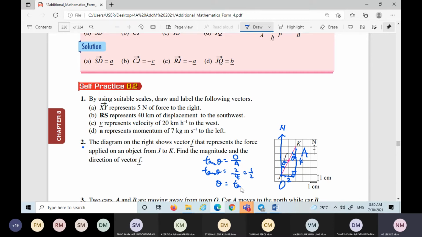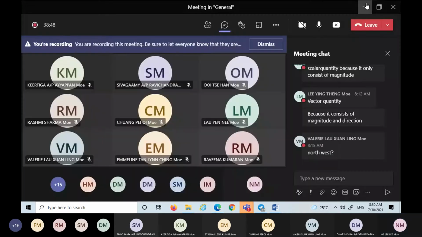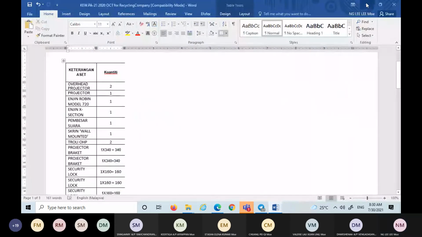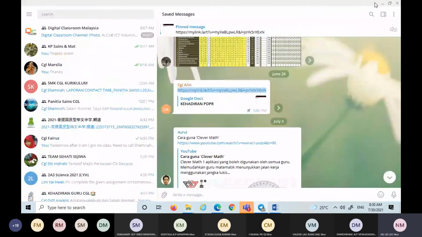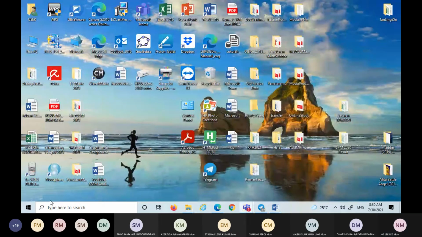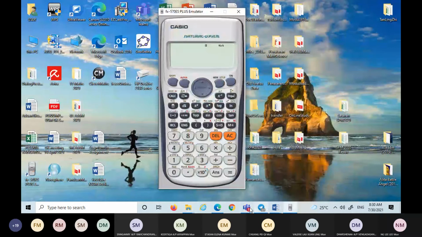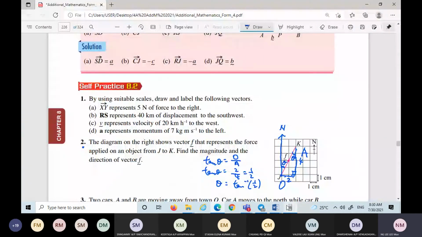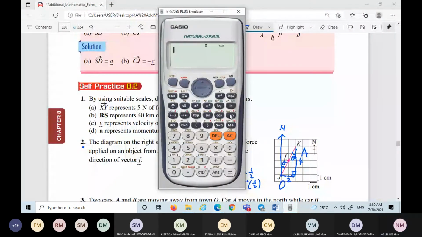You press the calculator, shift tangent, in brackets 1 over 2, or you can type 0.5 also.